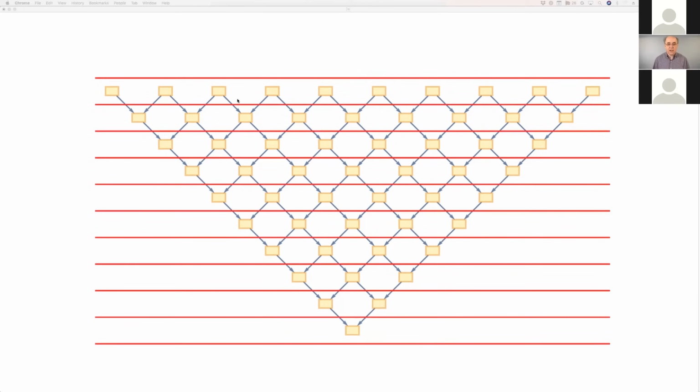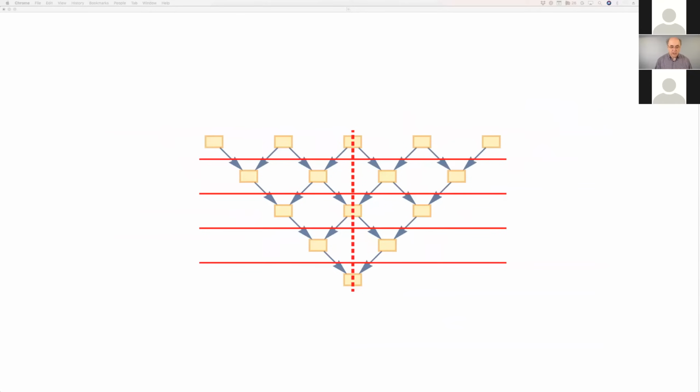In a cellular automaton, you'd have only this one possible foliation. But what you can do in these systems is consider an observer who's traveling at zero velocity, just going straight down the system, sampling the system.